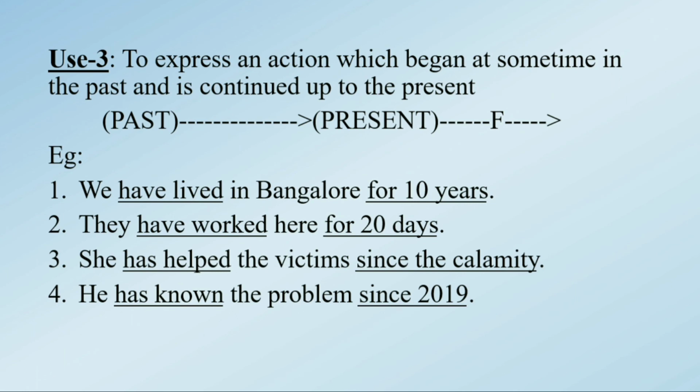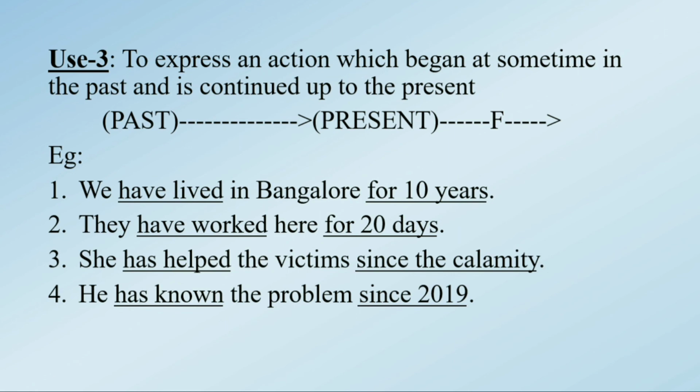She has helped the victims since the calamity. Has helped the victims since the calamity up to now. From that calamity and up to now, that helping has continued. And almost it has come to an end now. She has known the problem since 2019.